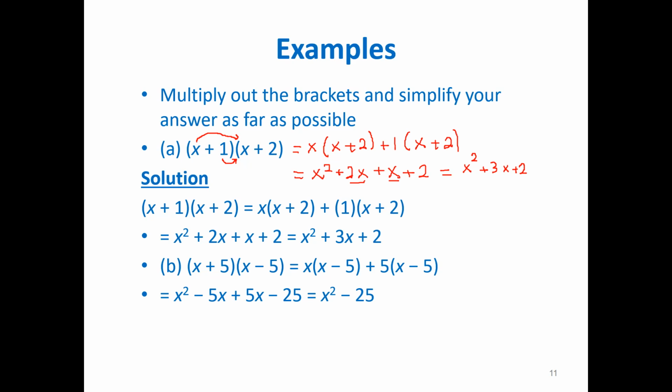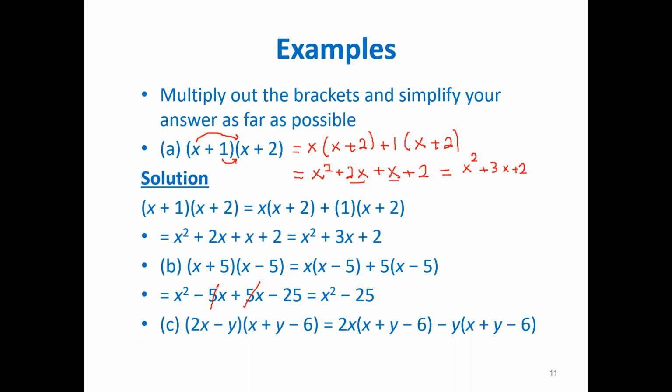Now the like terms are these two terms in the middle, minus 5x plus 5x. They will cancel each other to 0, and the remaining will be x squared minus 25. So the expansion of these two brackets will be x squared minus 25.